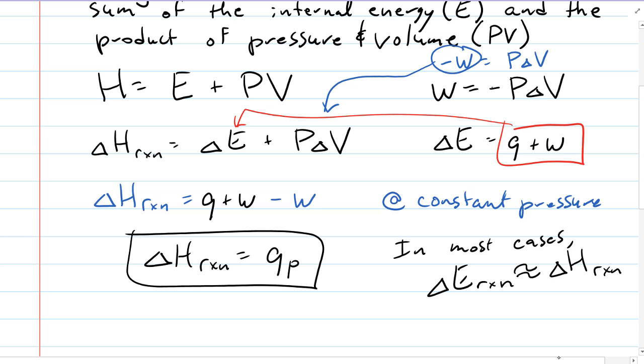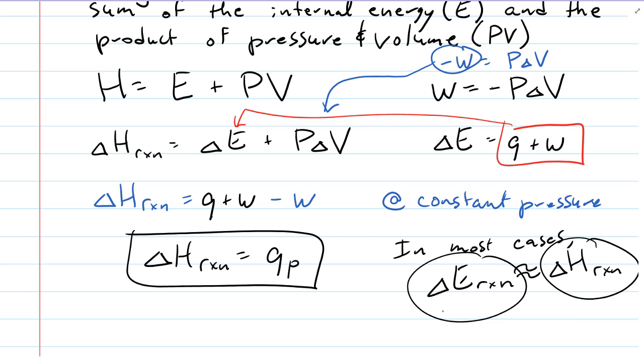Or they're going to be about equal. They're going to be further apart when we have large values of delta V, when we have large volume changes. Like if we have an explosion which produces a gas, then we're going to have large delta V's. But in most cases, whether we calculate a change in enthalpy or a change in total energy, those values are going to be about the same in terms of numeric values.